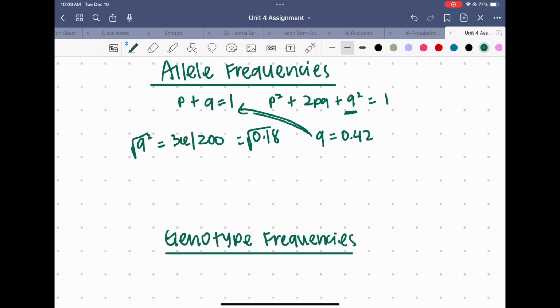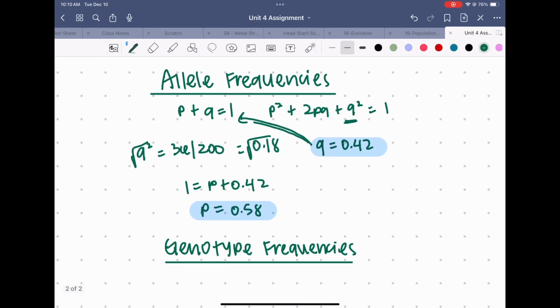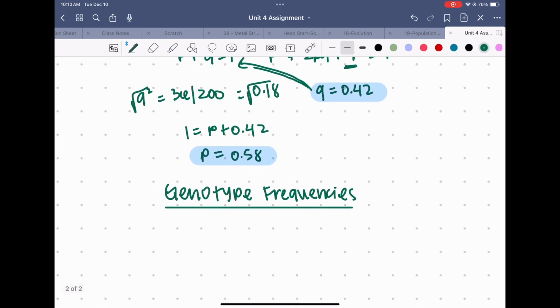Now that we have our Q, we can find our P. So we have 1 equals P plus 0.42. So that makes our P equal 0.58. So those are our answers here. Our Q, or our recessive allele, is 0.42, and P, our dominant, is 0.58. This is our alleles, not our genotype.